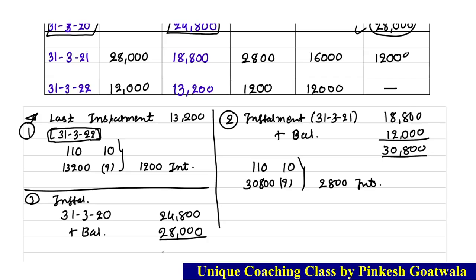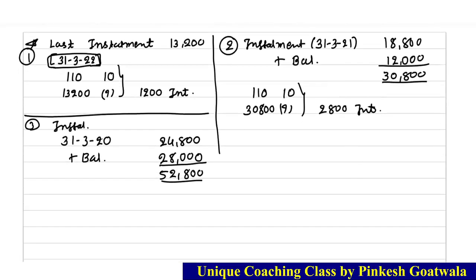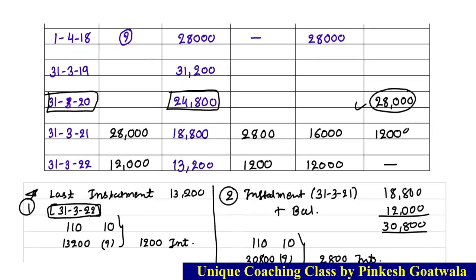The total comes 52,800. Okay, now you can put the step. Here what is the interest rate? It is 10%. So let's find out. You will get 4,800. It is the amount of interest. 4,800. Right, we got the amount of interest.